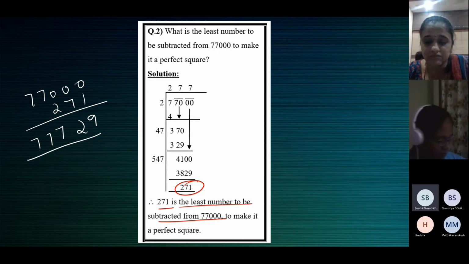Now, only when they ask for a number to be added, we need to find the successor and then subtract. Whenever it is subtracted, we need to just subtract the remainder from the number given. Yes, correct.